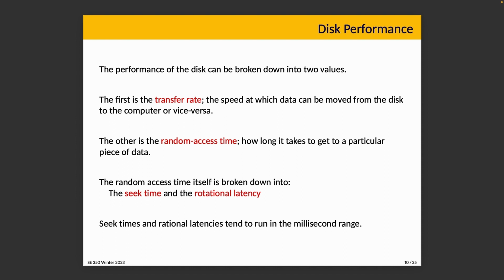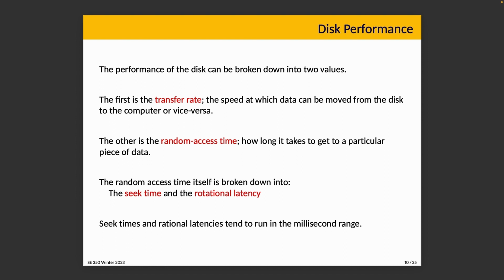The first part is about, once we have got to the correct location, how quickly can we get the data that is at that location into memory. The second part is more along the lines of how long does it take to get to a random location on disk. If we know the data is somewhere, we've identified a target location for it, well, we still have to go there and we still have to get it. The random access time itself is broken down into 2 components, the seek time and the rotational latency.